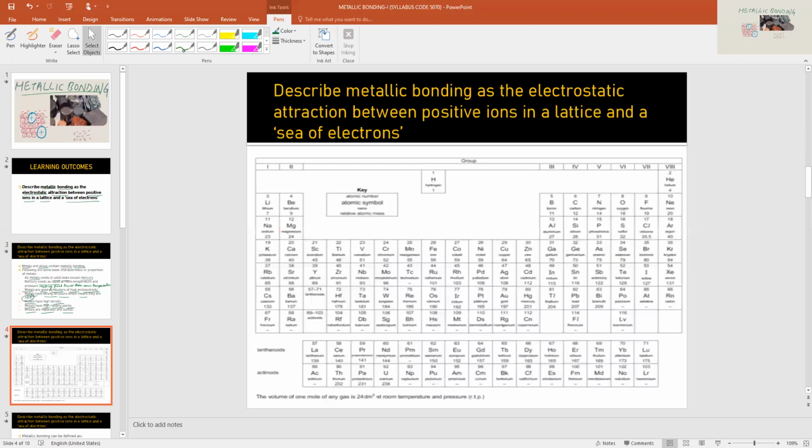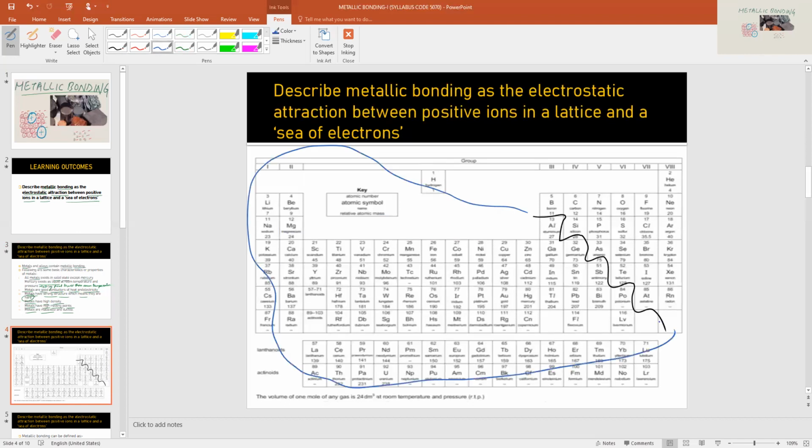Now, if you look at this periodic table, here you'll find metals. Let's draw the staircase line first. This is the staircase line. Here we'll find metals. All are metals. And above this staircase line, you will find non-metals.